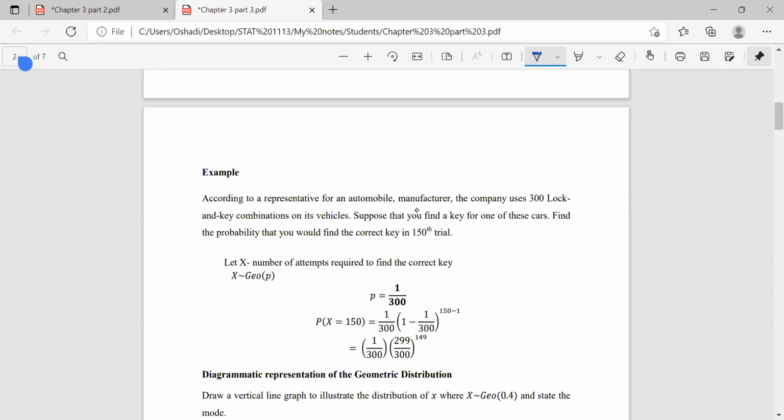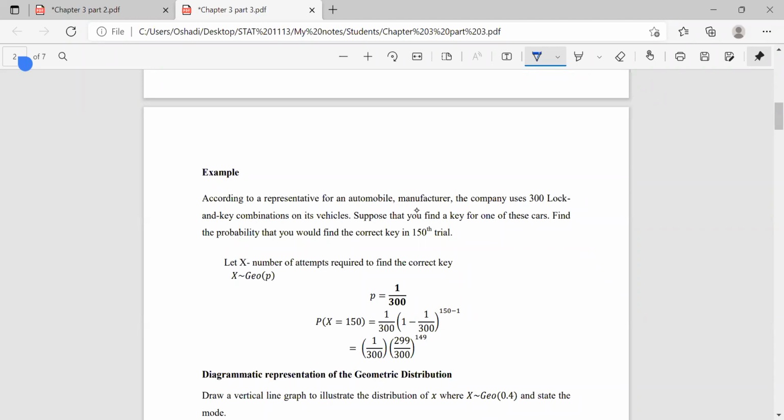Until that, you failed to find the correct key. So the random variable is defined as the number of attempts required to find the correct key. Then X follows a geometric distribution, since you are concerned about the first success.